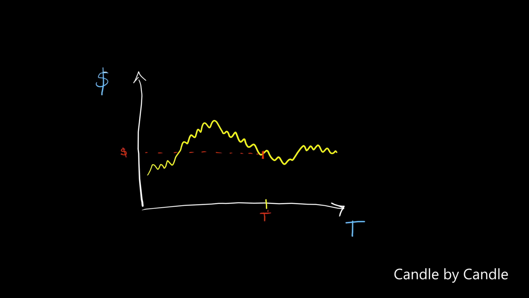And you have seen candles, green candles and red candles, in this graph, right? So this is a line chart, and any line chart can be broken into the candle form. So let's say the price starts here.